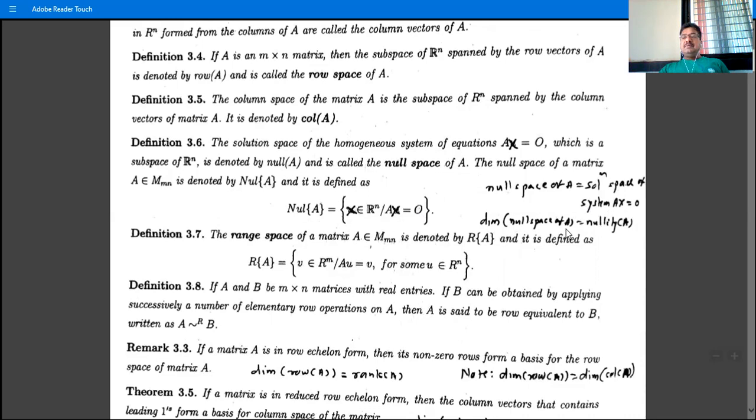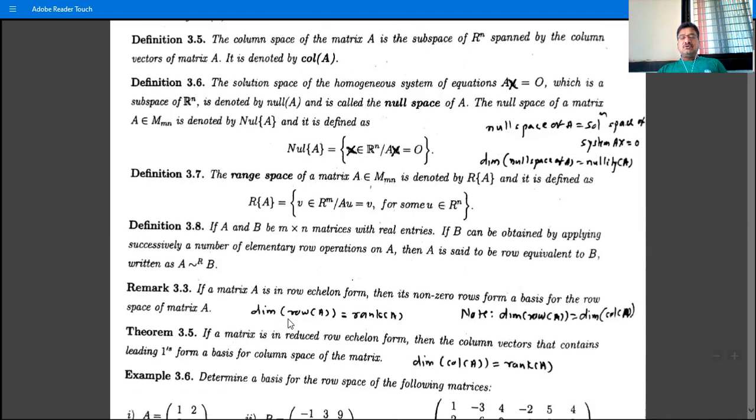And the dimension of the null space of A is called the nullity of A. That is, the null space of A is a vector space, and its dimension is called the nullity of A. What is the dimension of the null space of A? The number of elements in its basis is called the nullity of A, nullity of the matrix A.